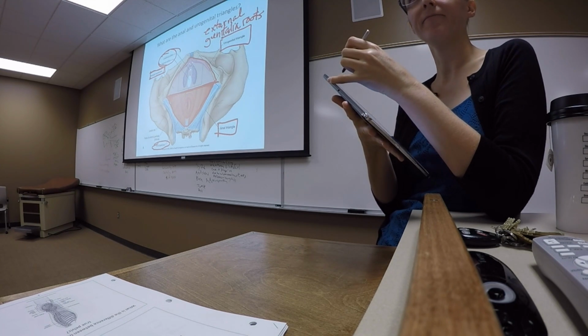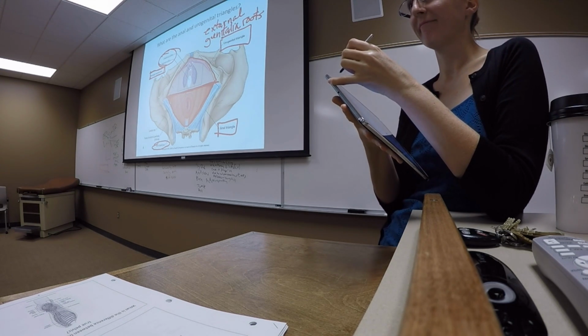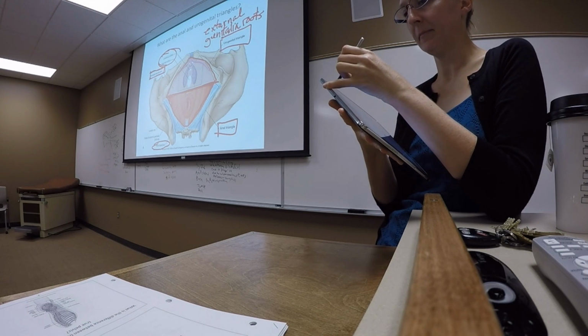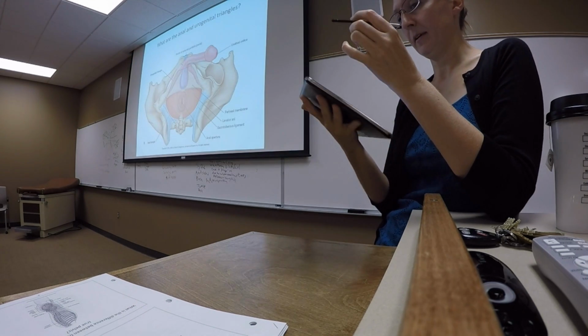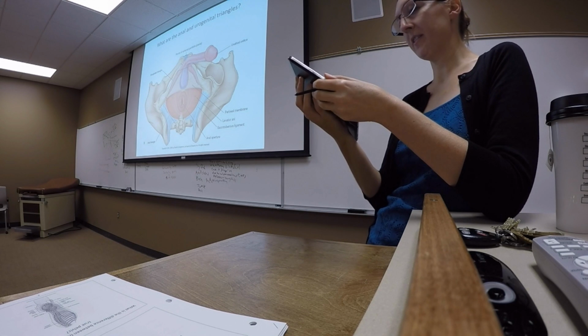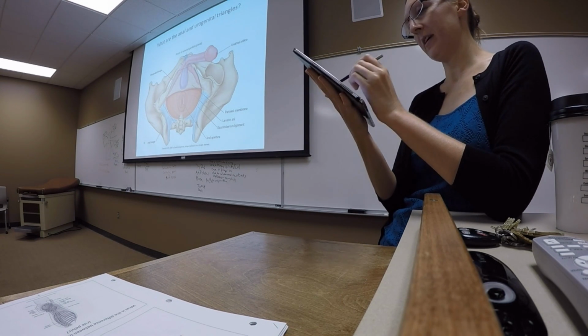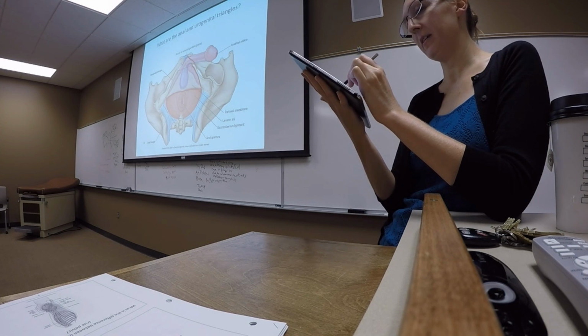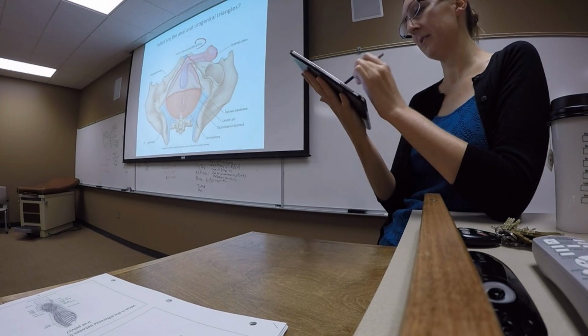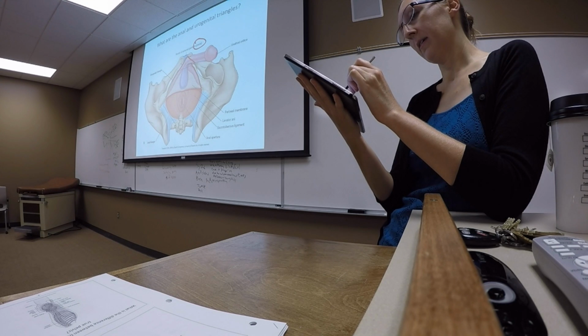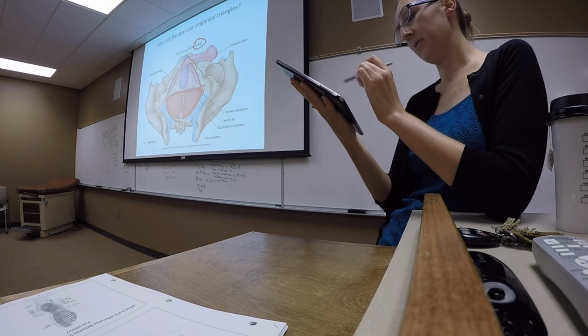Okay, we good? All right, so here's just the male version. Here's our urogenital triangle, again, containing the roots of the external genitalia, the penis, and the anal triangle containing the anal aperture.